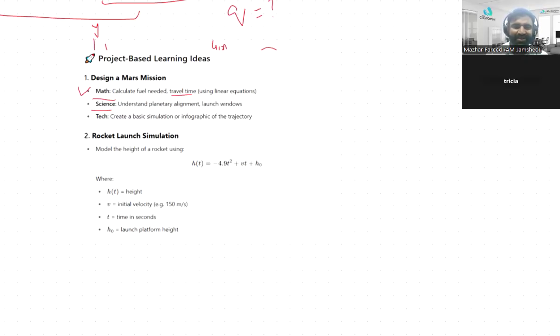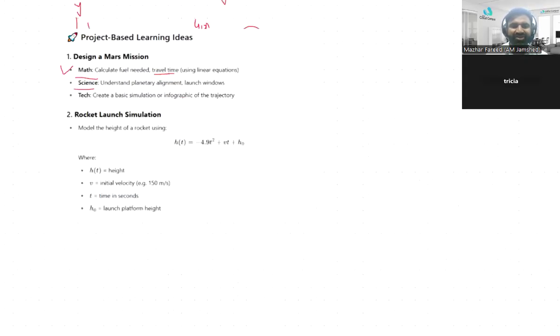The second application is the rocket launch simulation. When you launch a rocket and it goes into space, you can find the height it reaches. The formula for the height is 4.9 t square plus velocity times time plus the original height.